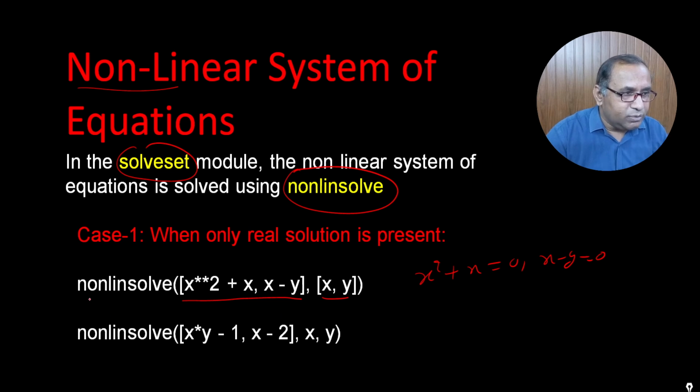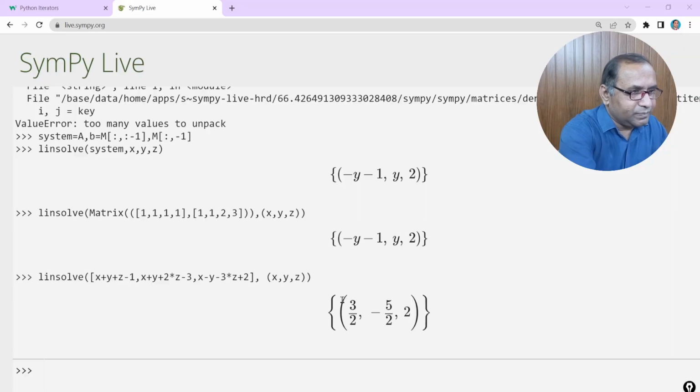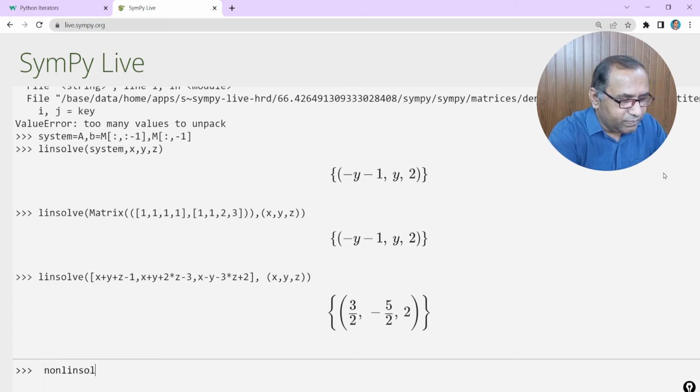Okay, so nonlinsolve, then we have the system of equations and we want to solve for x, y.